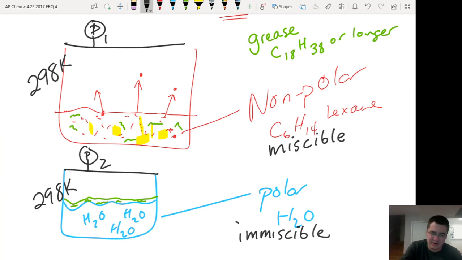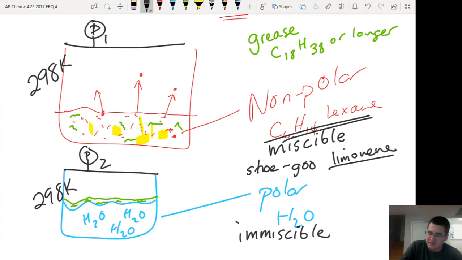There's stuff called shoe goo. Have you ever seen it? I don't know if it's hexane exactly, but it's got these long non-polar chains in it, and it will dissolve non-polar glue stuff. It works really well. So does the stuff you guys remember, limonene.